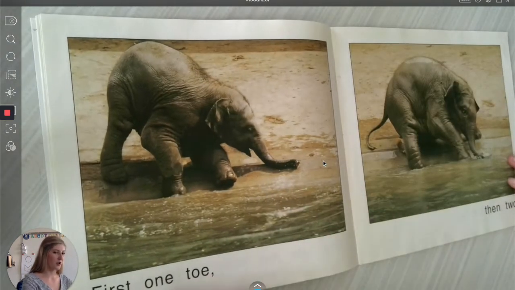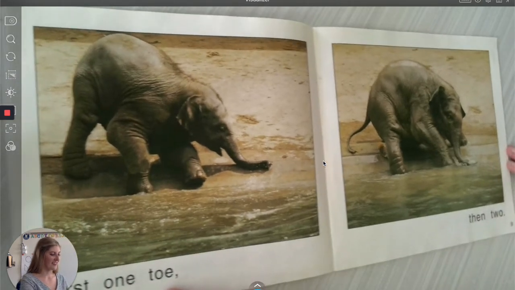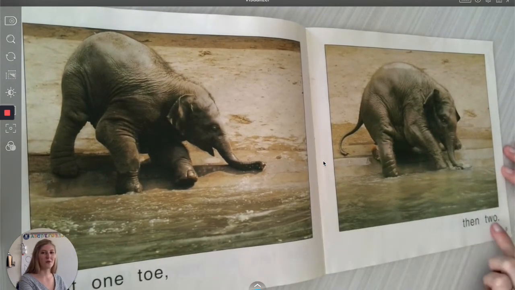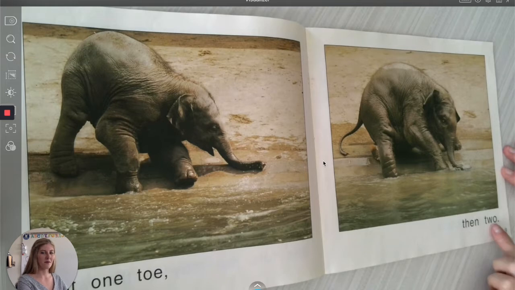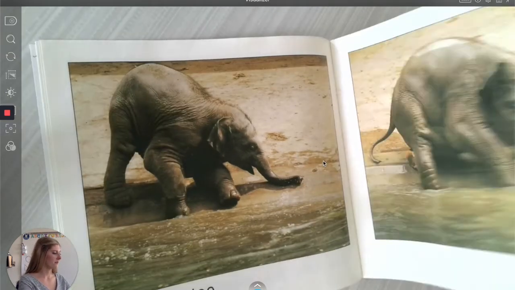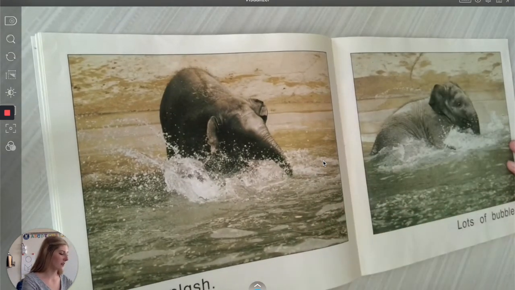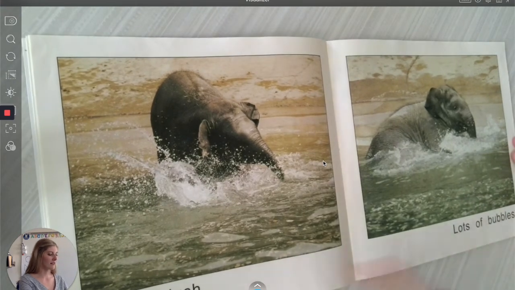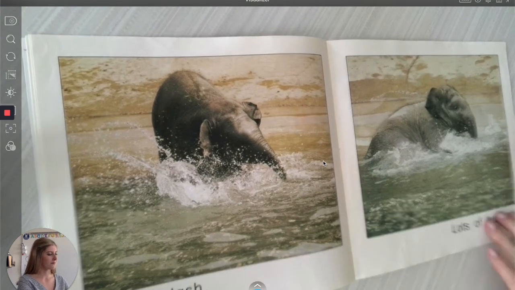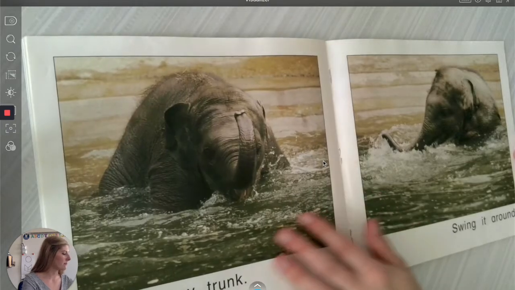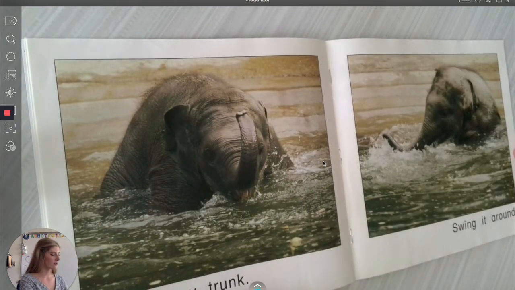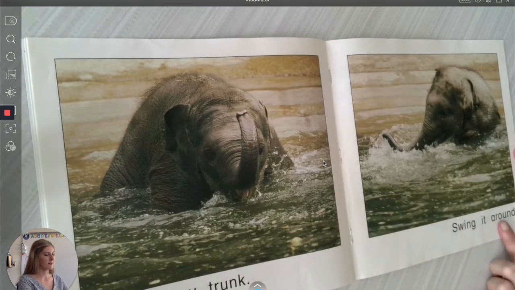First one toe, then two. A big splash, lots of bubbles. Up goes my trunk, swing it around.